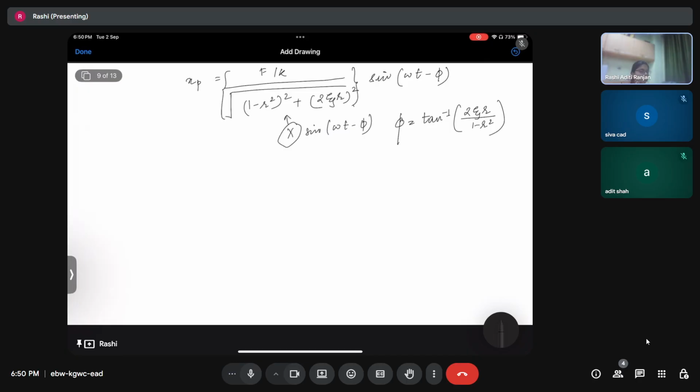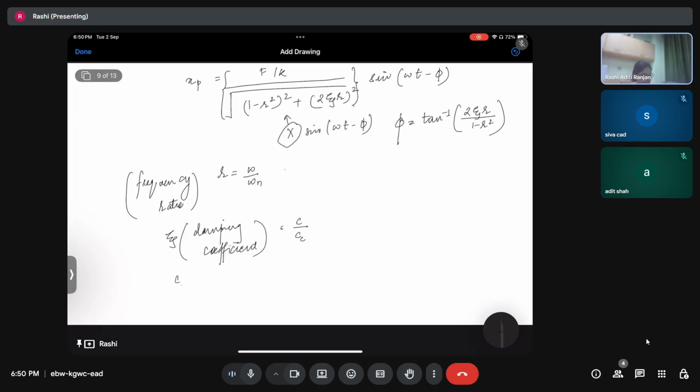Now, over here, r is the frequency ratio, which is omega by omega n. Then eta is the damping ratio, given as c by Cc.